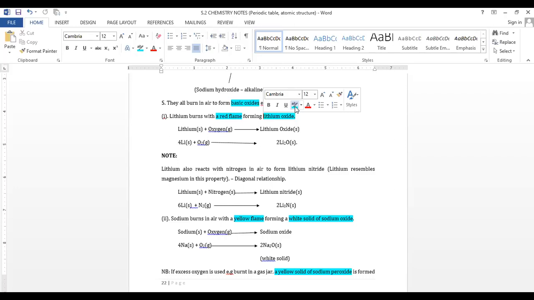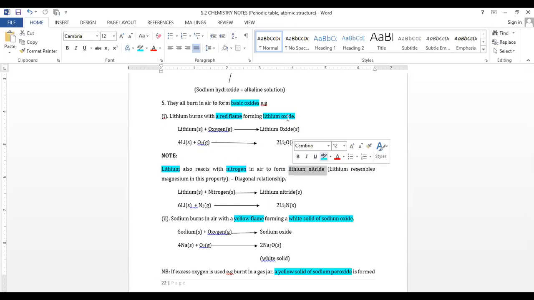So instead of forming lithium oxide first, it also forms lithium nitride. When lithium combines with nitrogen, they combine to form lithium nitride.